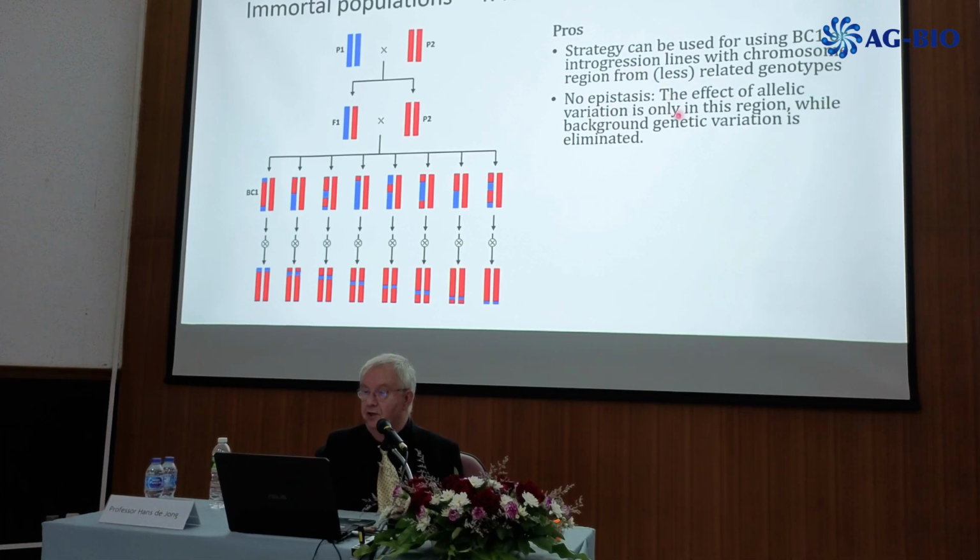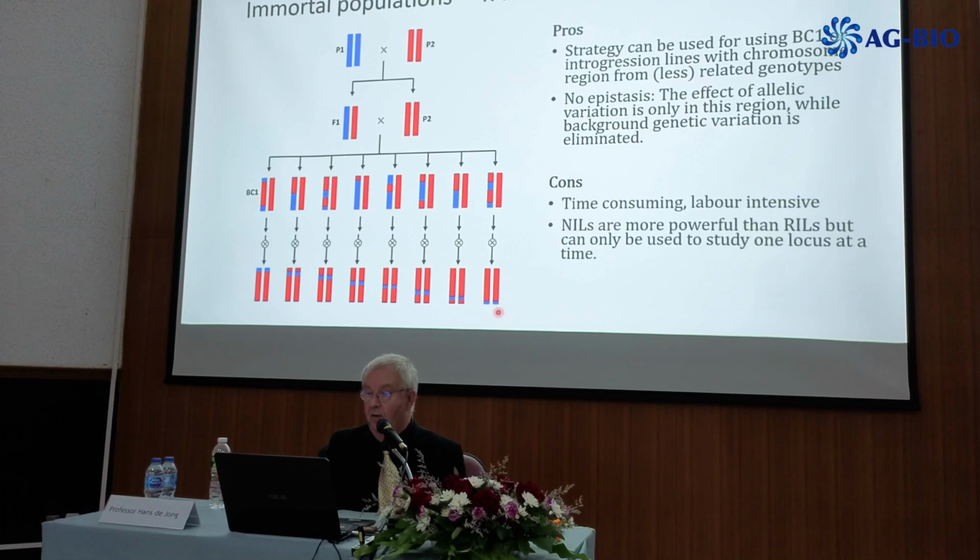So the advantage is that the strategy can be used for introgression lines with chromosome regions from less related genotypes. The good thing is you have no epistasis, because you look only at the QTL in this or that place, which is not influenced in cis or in trans by QTLs from other positions. However, it is time-consuming and labor-intensive, and NILs are more powerful than RILs, but can only be used to study one locus at a time.